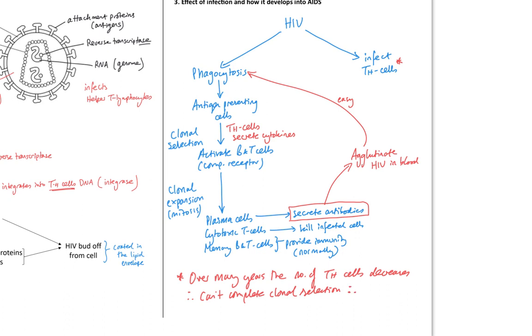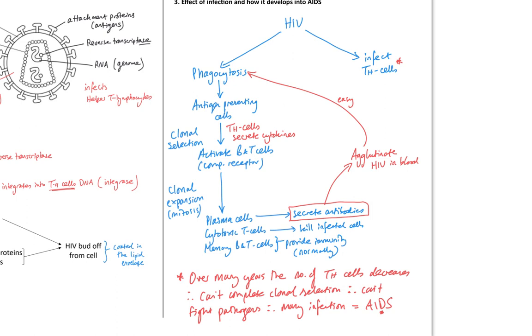Therefore, we can't fight infections, fight pathogens. Therefore, many infections, which equals AIDS, which is acquired immune deficiency syndrome. So the immune system is becoming deficient because we are losing the T helper cells.